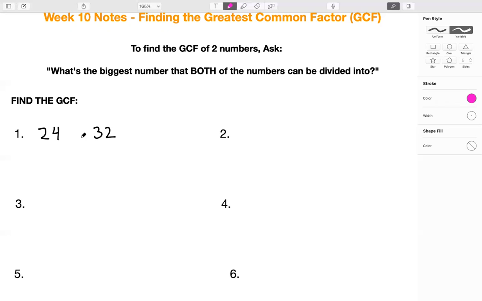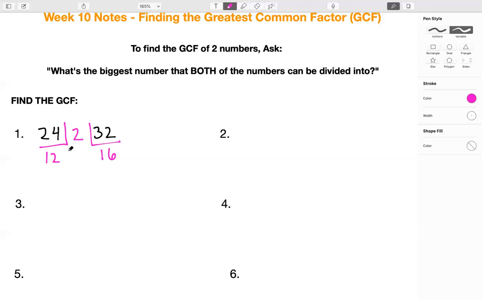That means that you can definitely divide both of them by 2. So write these brackets like this, and then put a 2 in there, which indicates you're dividing them by 2. 24 divided by 2 is 12. 32 divided by 2 is 16.